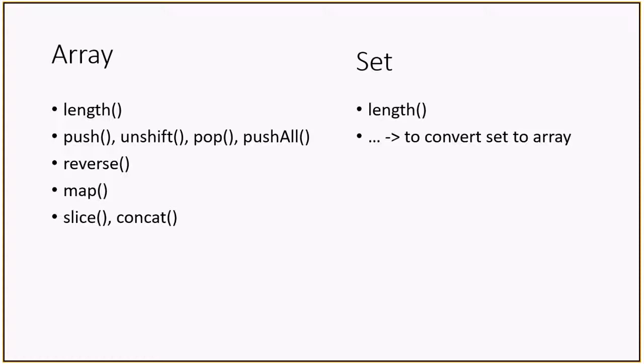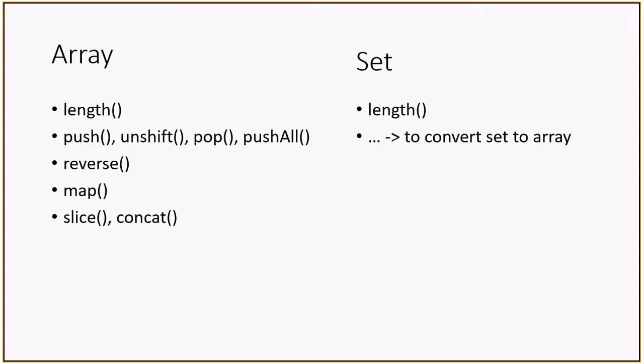The set is actually a new standard. It comes in ES6, and it's the very same thing as the Apex one. It accepts only unique items. If you put in duplicate items, it will remove them. I've used only two things from that. One is length, and the second is the ellipsis operator.